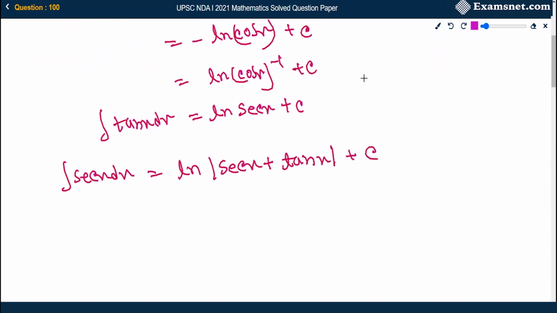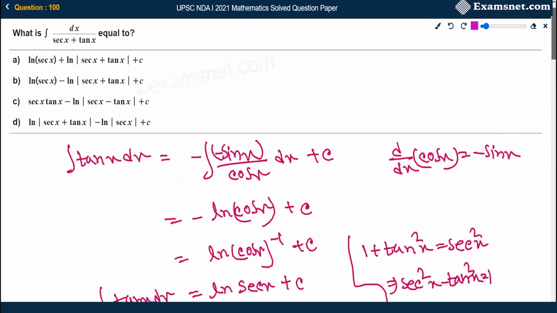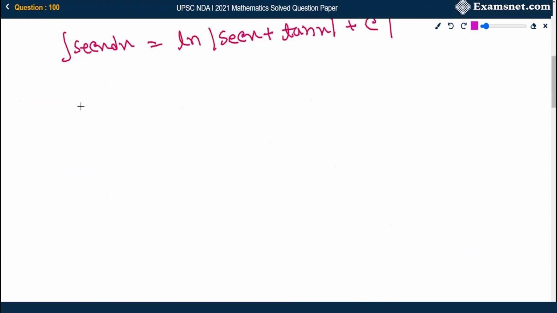And one more important formula from trigonometry: 1 plus tan square x equals sec square x. So also we can write sec square x minus tan square x equals 1, right? Now let's focus on the given integration. It's given here: integration dx by sec x plus tan x, correct?